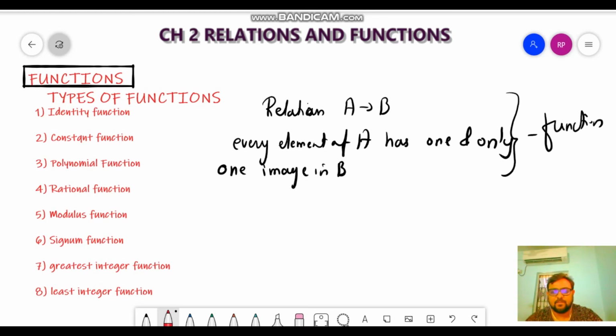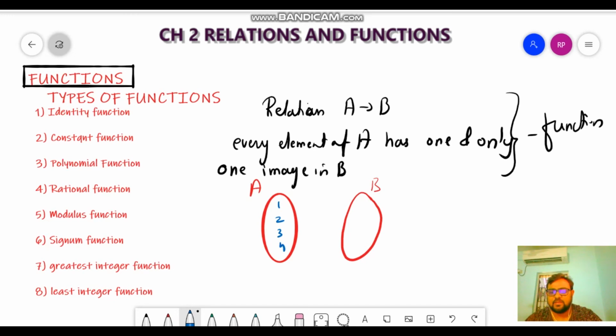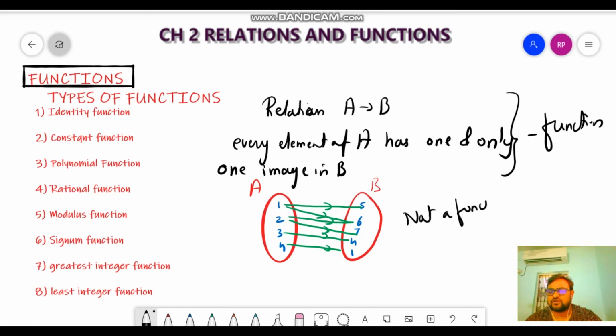Just for example, if I am taking two sets A and B, let the elements of set A be 1, 2, 3, 4 and B be 5, 6, 7, 4, 1. Now if the elements are related in this way: 1 to 5, 2 to 6, 3 to 4, 4 to 1, 1 to 6, 2 to 7, then this is not a function.